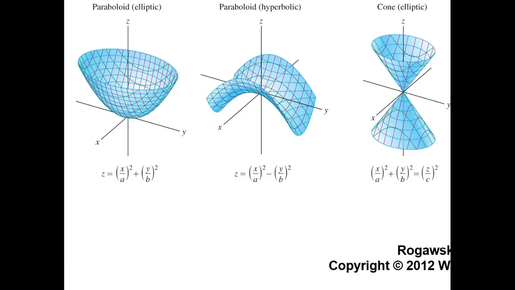The elliptic paraboloid, your horizontal traces are all ellipses, and all the other traces are parabolas. The hyperbolic paraboloid, your horizontal traces are the blue ones here, and it's hard to see this the way they've drawn it here, but for every one you've got over there, you've got one this way too.